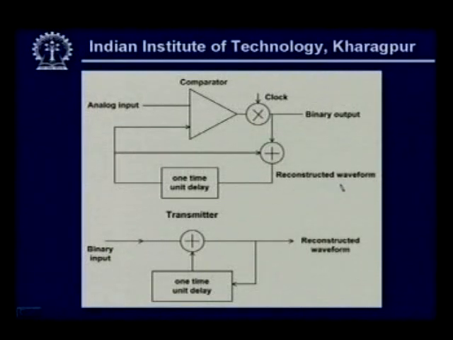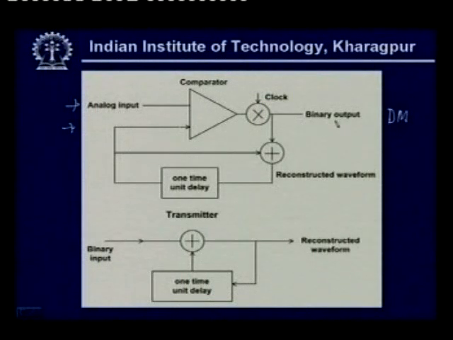That means the analog waveform is reconstructed here, and with 1 bit unit delay you are feeding it back, so that the previous value is compared with the present value. These two are compared with the help of this comparator. With such a simple circuit you can generate the delta modulated signal.